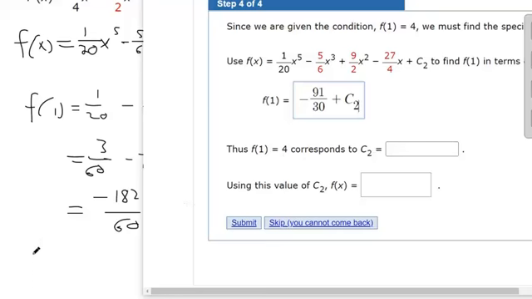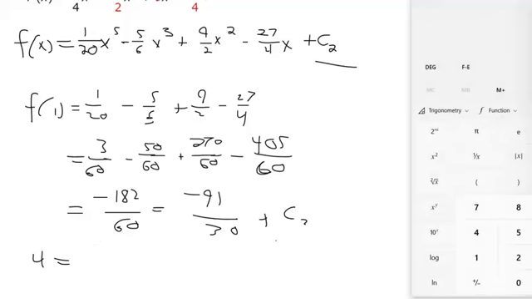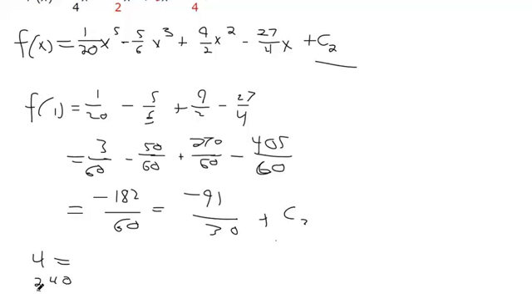And then they're saying, hey, if you plug in 4 into the left side, what's that going to equal? You're going to have to add that 91 over 30 to both sides. More big fractions, because it's hard to get common denominators there. We need 60 as a common denominator, so 4 times 60, that's 240. So I got 240 over 60 equals negative 182 over 60. I went back to this one because we're trying to get common denominators.